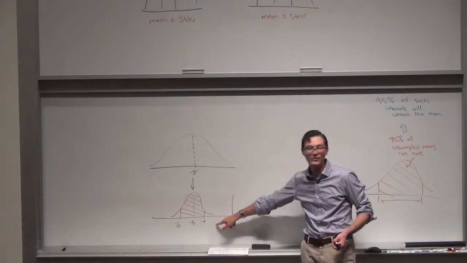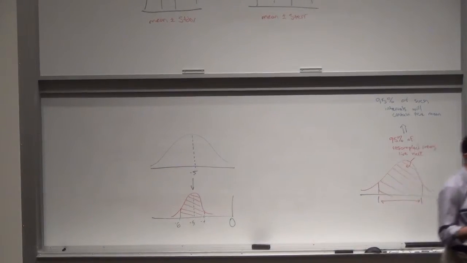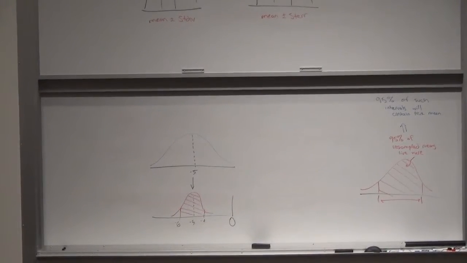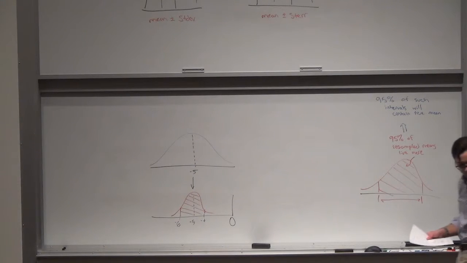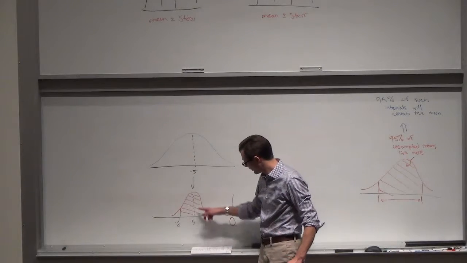How do we get a p-value from this? I think I can do this before class ends. All right. this distribution?